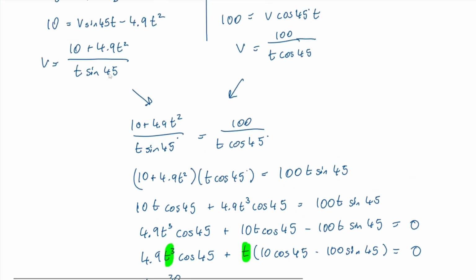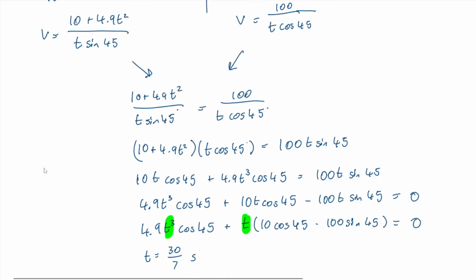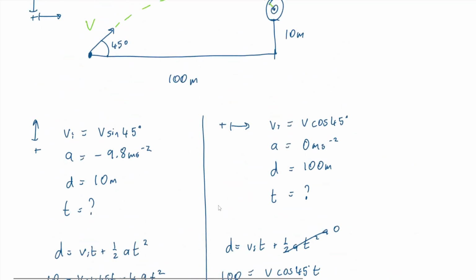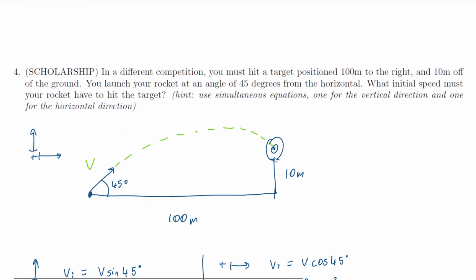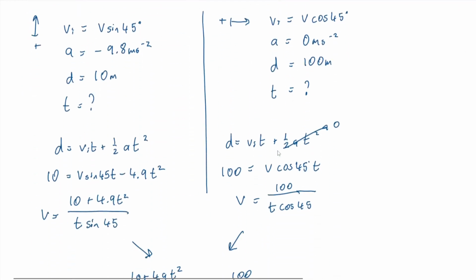Now, the question did ask to solve for v. What we found is that at some velocity, at 30/7 seconds, it will reach the target. Now let's find that velocity.